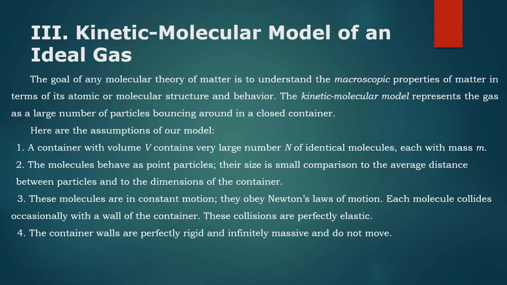Number 3. These molecules are in constant motion. They obey Newton's laws of motion. Each molecule collides occasionally with a wall of the container. These collisions are perfectly elastic. Number 4. The container walls are perfectly rigid and infinitely massive and do not move.